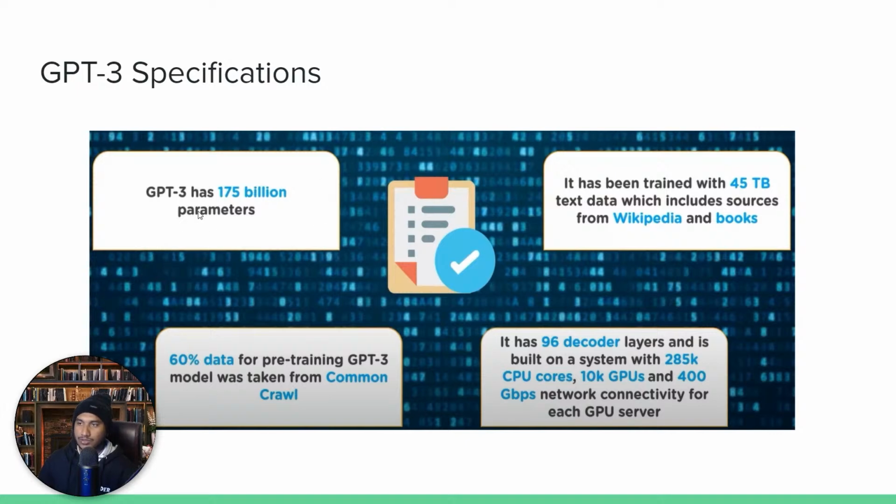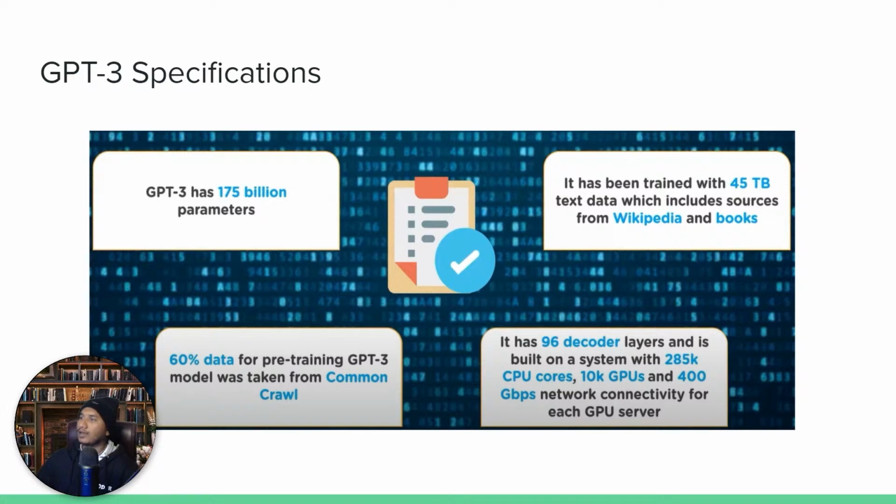Then your GPT-3 has 175 billion parameters, which is very huge. And it has been trained with 45 terabytes of text data, which includes sources from Wikipedia and books. Now you can ask me why GPT-3 is so powerful.